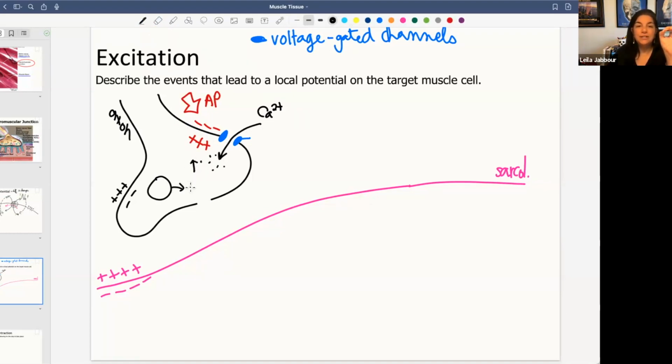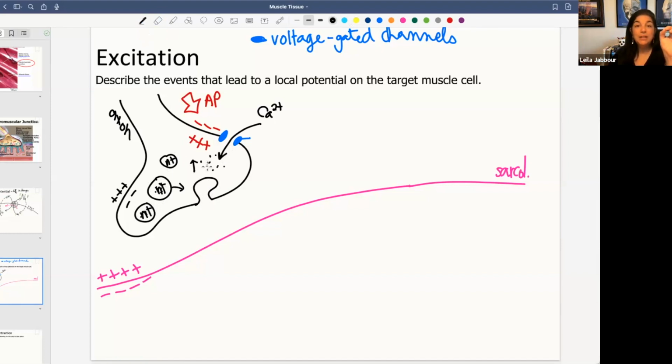exocytosis of synaptic vesicles that were just sitting there, bopping inside the synaptic knob. They're packed with a neurotransmitter, right? These are neurotransmitters. Well, one neurotransmitter in these vesicles.